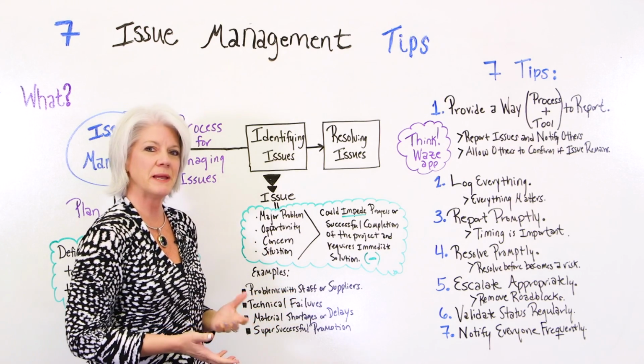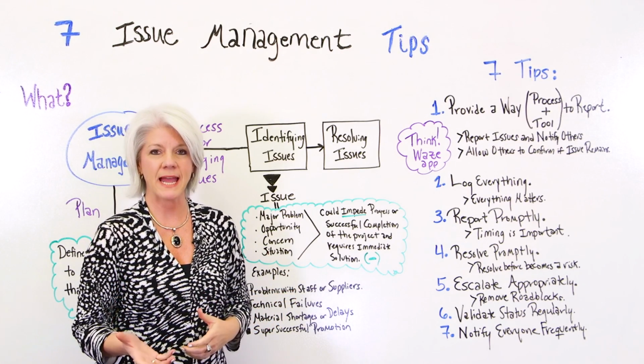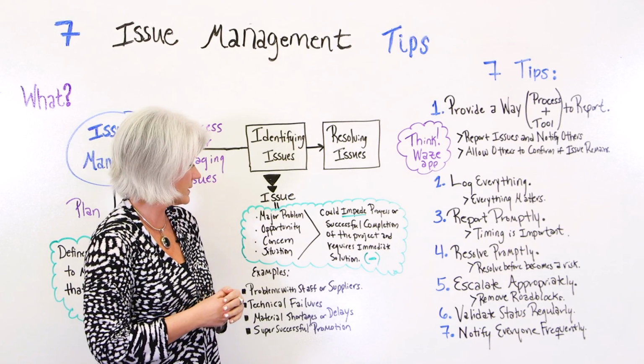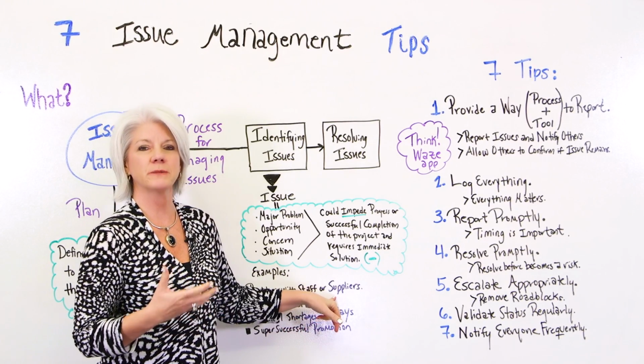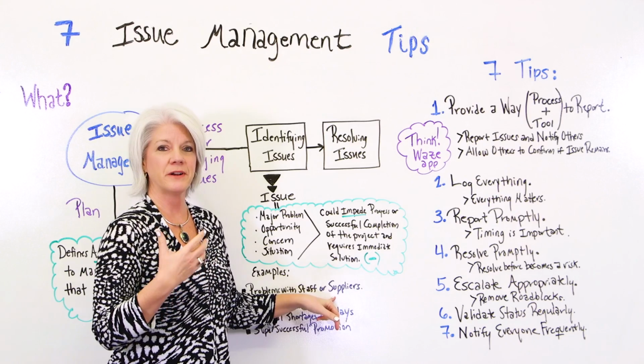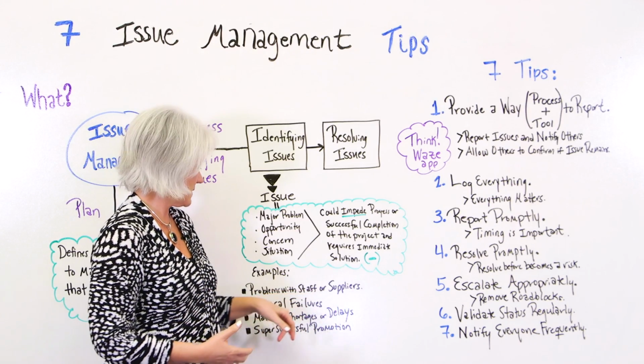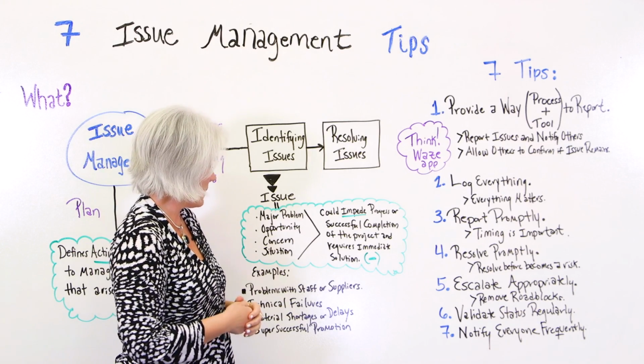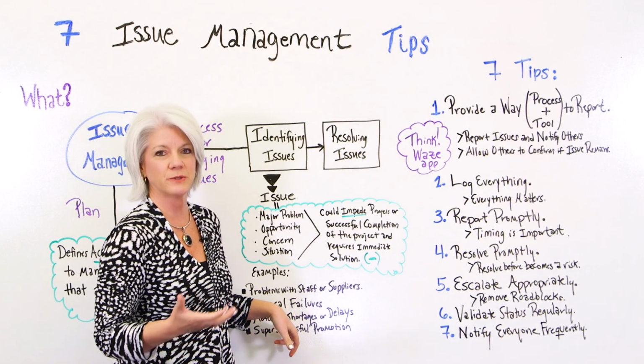So some examples may be problems with some of your staff. It could be that they need some additional training in order to get their work product done. It may also include some of your suppliers. Maybe they're not available or responsive. It also could include something like a technical failure or maybe even some material shortages or delays.